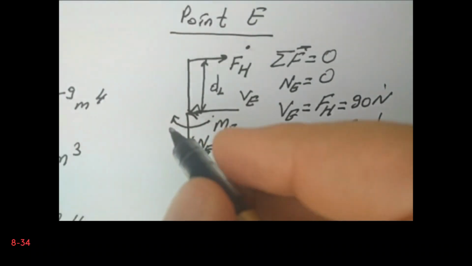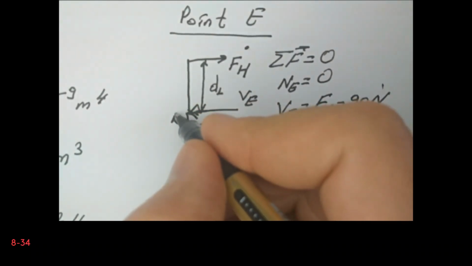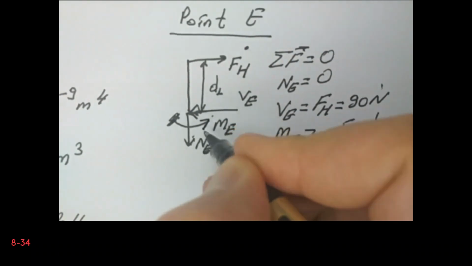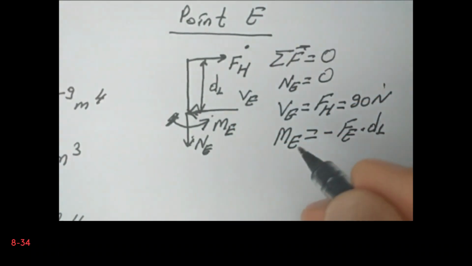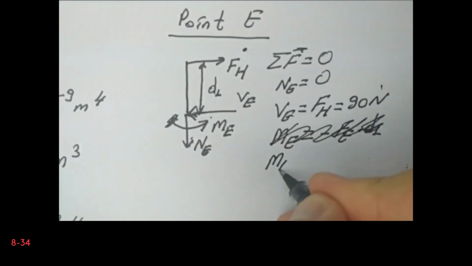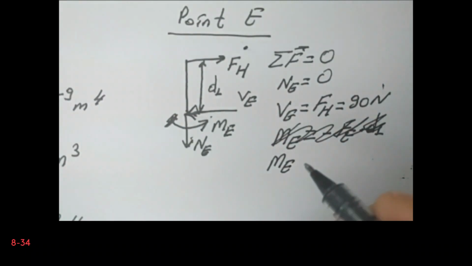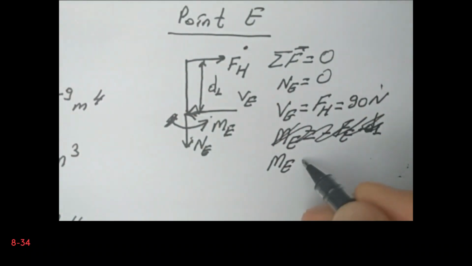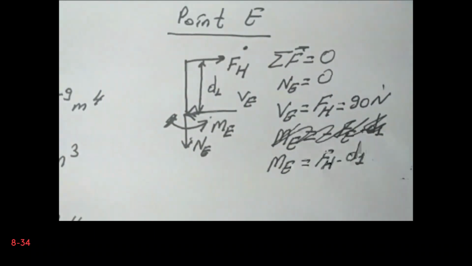Or in order to be consistent with the previous definitions, let's take the bending moment in the opposite direction. So this becomes ME is equal to FH multiplied by D1. The value is then 4.5 Newton meters.